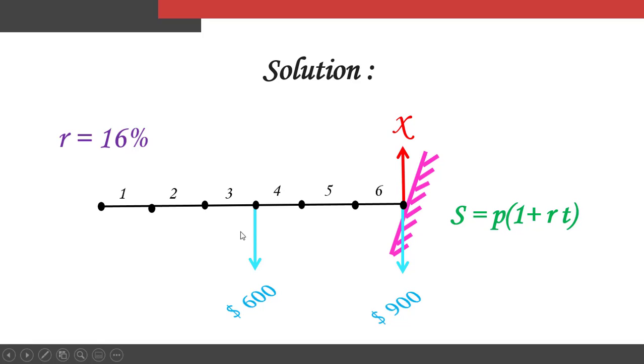For $600 we will get the amount, and for $900 we will take its value, $900, because we will not get the amount or present value for $900. By adding the amount of $600 to $900, it will be equal to X.